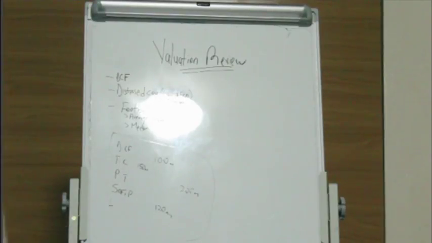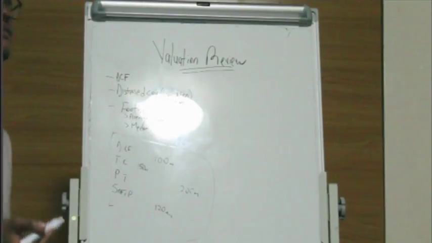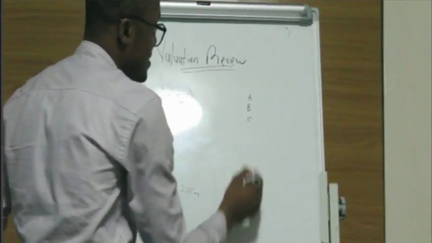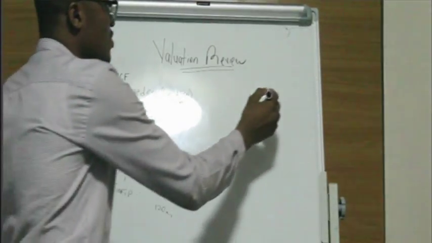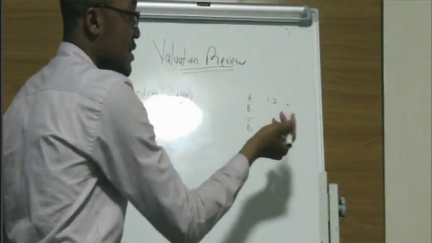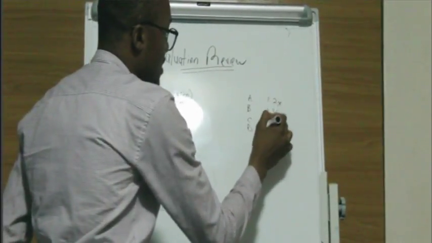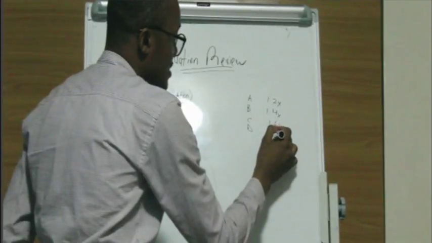Now, what do you use to value? I remember in that class I said use the average, the mean here. So you have company A, company B, company C, company D. Company A's multiple is, say, 1.2 times, company B's is 1.4 times, company C is 1.6 times, company D is 1.8 times.